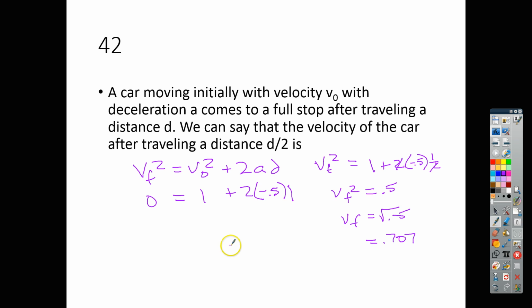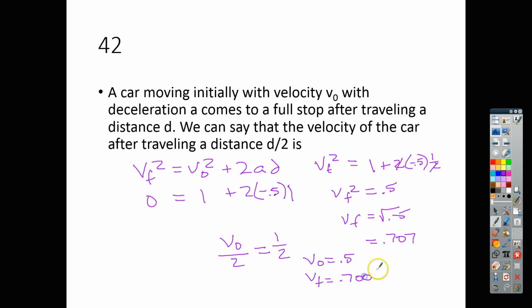The problem wants us to figure out, and it really gives us some weird answers, whether it's greater than, equal to, or smaller than Vo over 2. Our Vo, remember, was 1, so that would be 1 over 2. And we notice that Vo over 2 is equal to 0.5. We notice that our Vf is actually bigger than that.